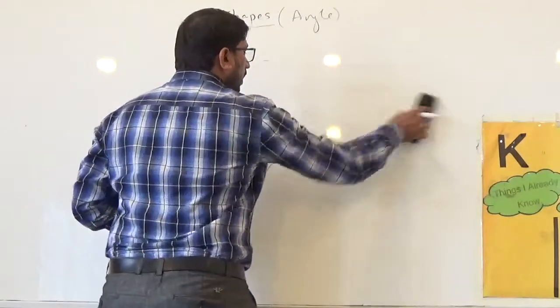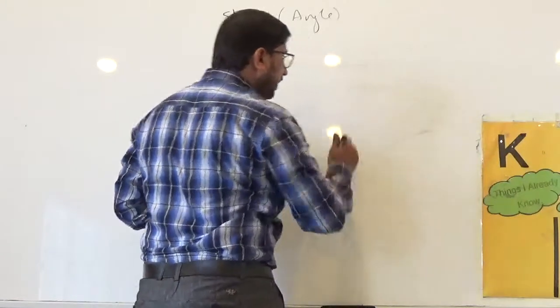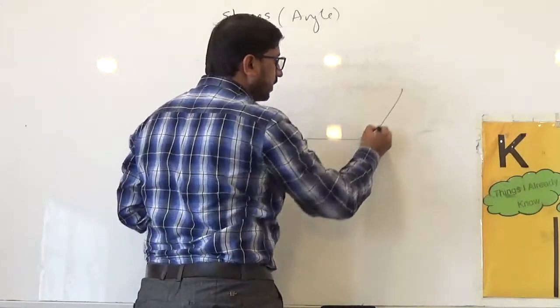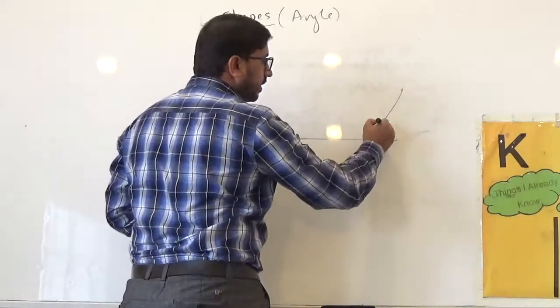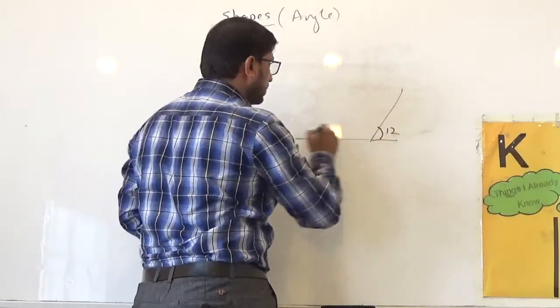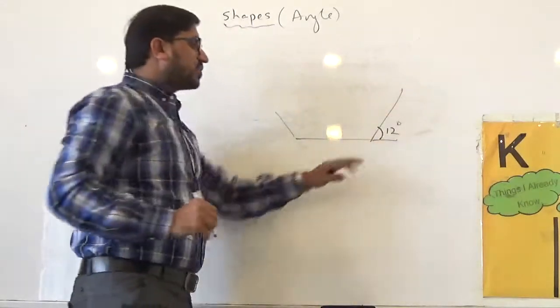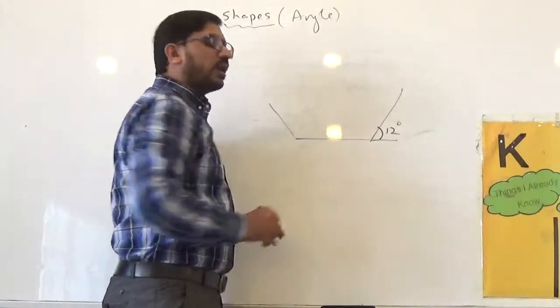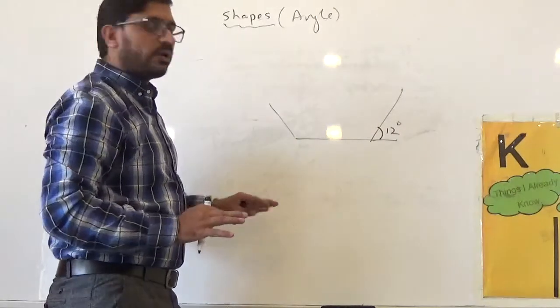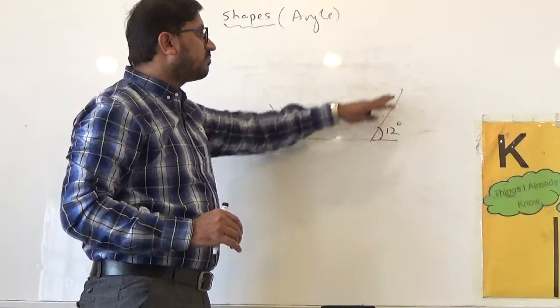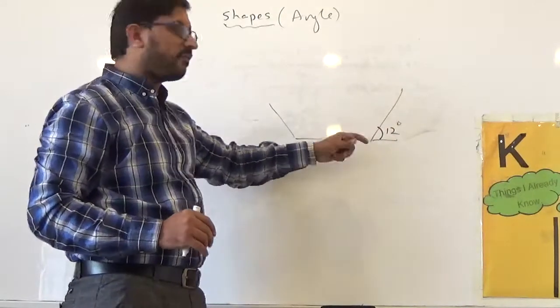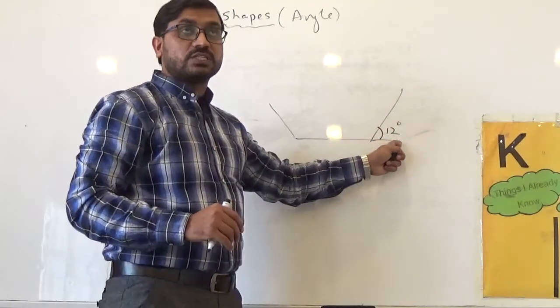Secondly, suppose you're given a shape and they tell you that the exterior angle for this shape is 12 degrees. We don't know the name of the polygon. We're asked what the number of sides of this polygon is if its exterior angle is 12 degrees.